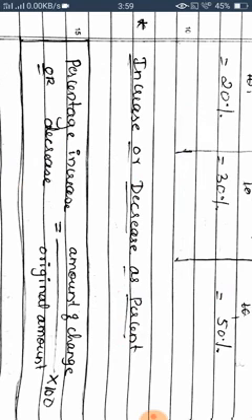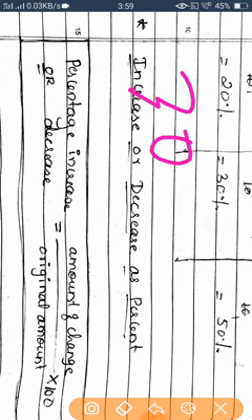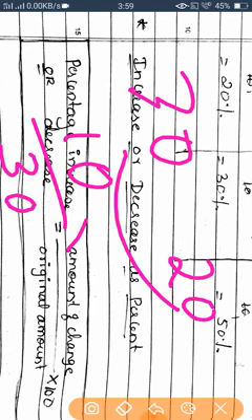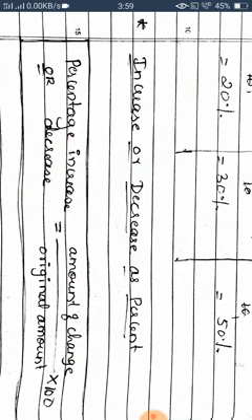If it is a decrease, if I bought a book for 30 rupees and they sold it for 20 rupees, how much is the decrease? 10 decrease compared to 30. So the original is 30. Then we can compare to the 100%. So that is the increase or decrease as a percentage.